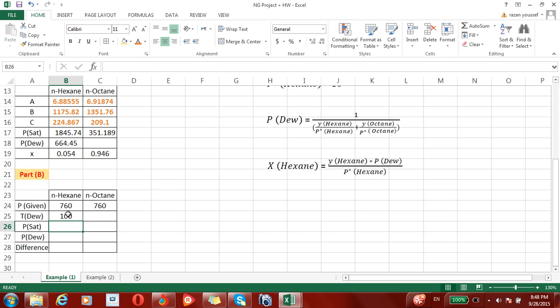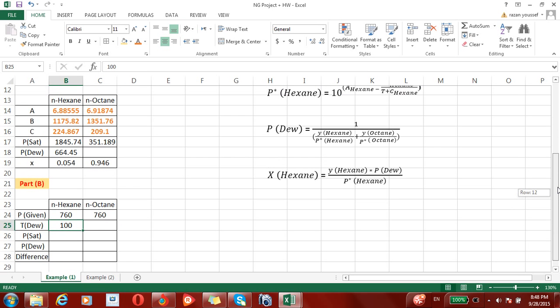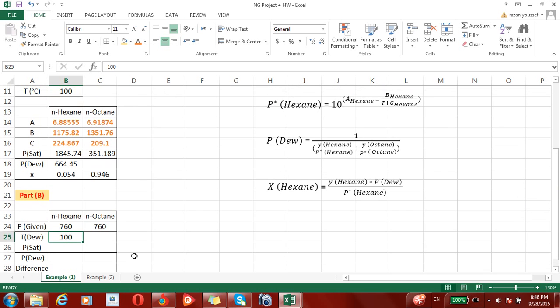Now, using the number that you assumed, you need to calculate the P saturation using Antoine's equation for both components again. So it will be just 10 to the power of A minus B over T that I assumed plus C. Close all the brackets and you will get your value.